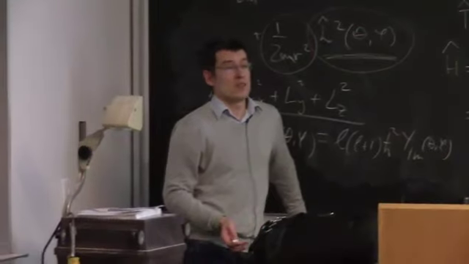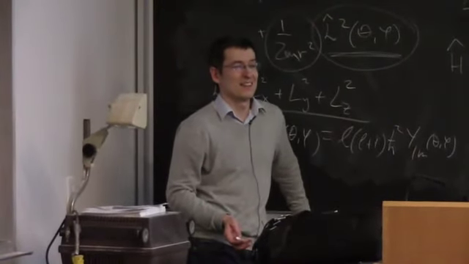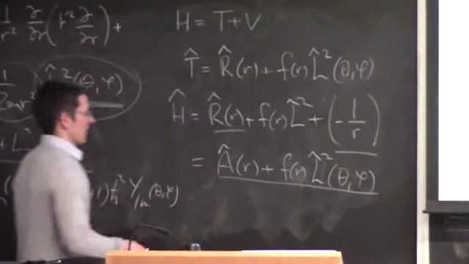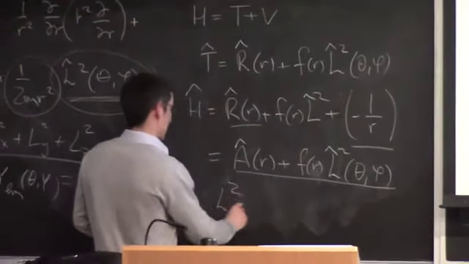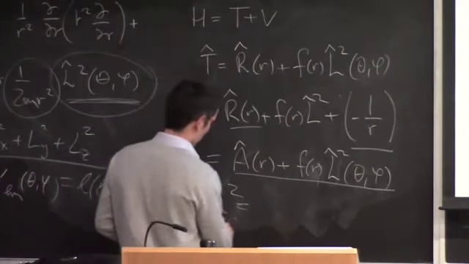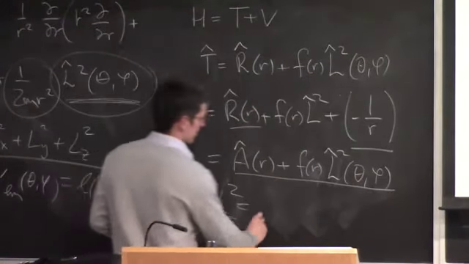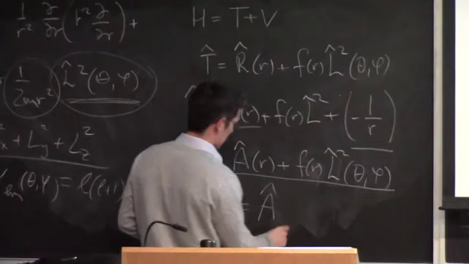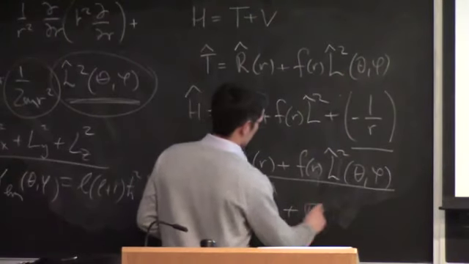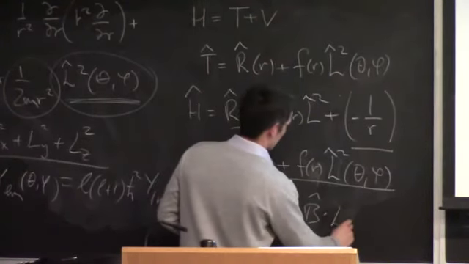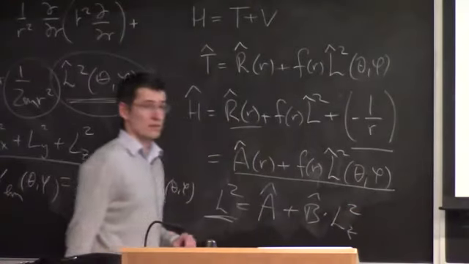Yes, no, that's a simple question, right? Does this look familiar? No, it doesn't. Okay, but it should, because when we were considering L squared, I was solving this problem as A plus B times LZ squared. Remember that?